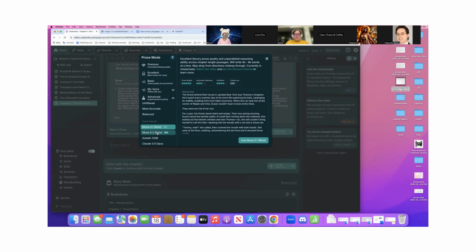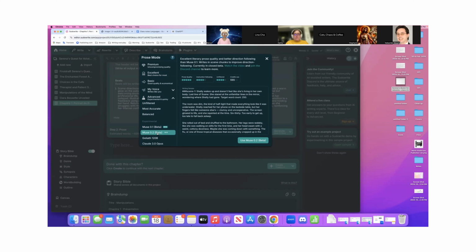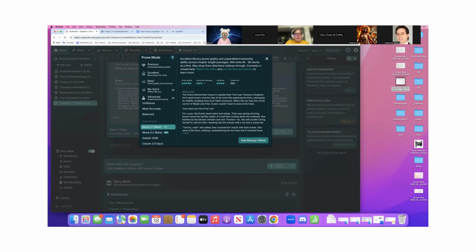And the new one, the 0.2: excellent literary prose quality and better direction following than Muse 0.1. Write the scene in chunks to improve direction following. Currently in closed beta. Watch the video, join the Discord. Okay, so we have two we can try. Let's try. Yeah, I haven't tried the second one yet. So we'll try both. Interesting.